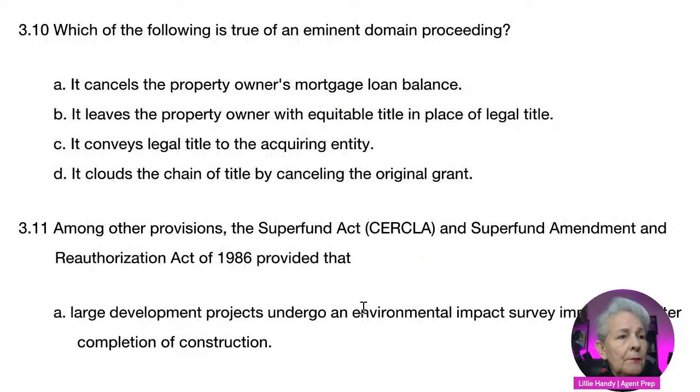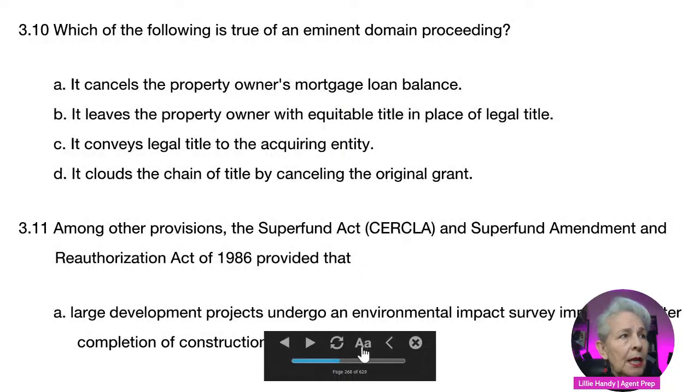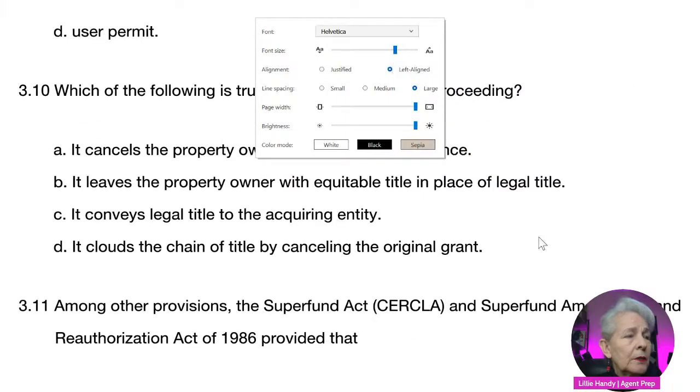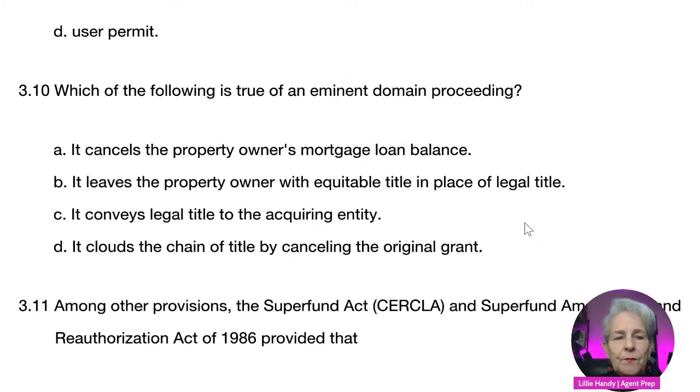All right, number 10. Let me see if I can make it a little bit larger. There we go. Number 10. Which of the following is true of an eminent domain proceeding? What is eminent domain? A, it canceled the property's owner mortgage loan balance.